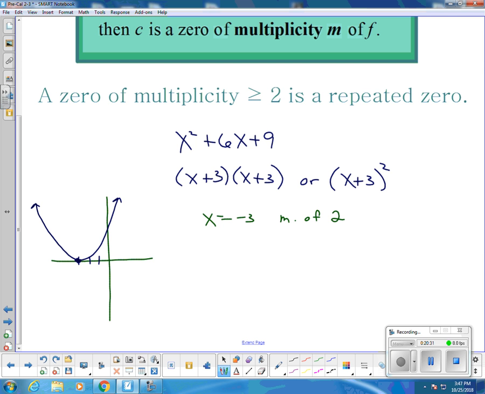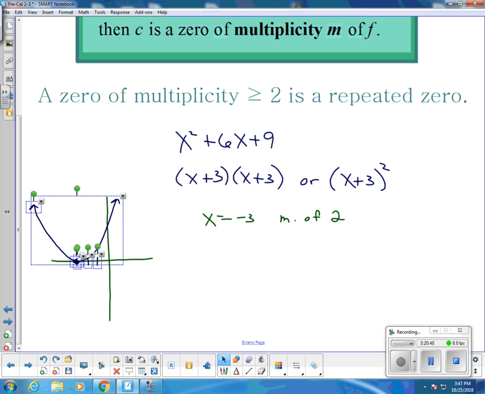It means the 0 occurs more than once, but the x-intercept only occurs once. So that's the little difference. A 0 is an x-intercept, but that doesn't mean if you have a multiplicity of 2, you have it twice. It hits it differently. So we're going to talk about multiplicities and how you can see them on a graph and how you can use a multiplicity to graph a function by hand.